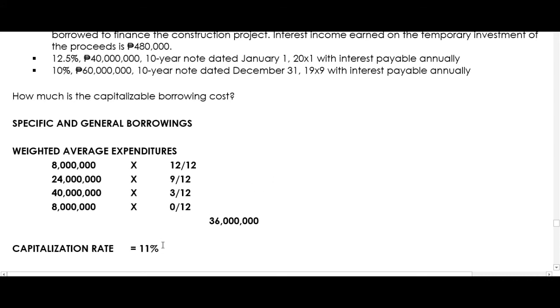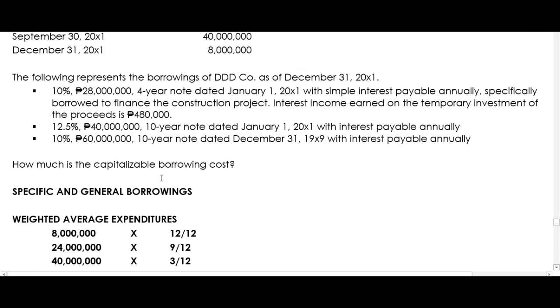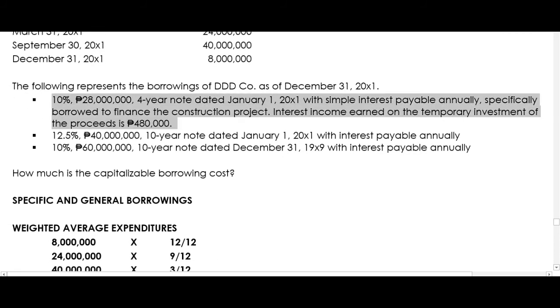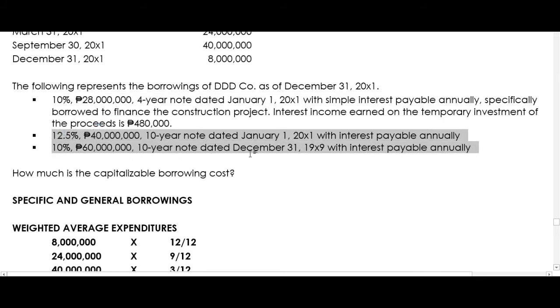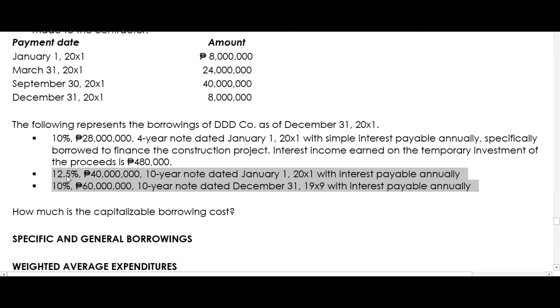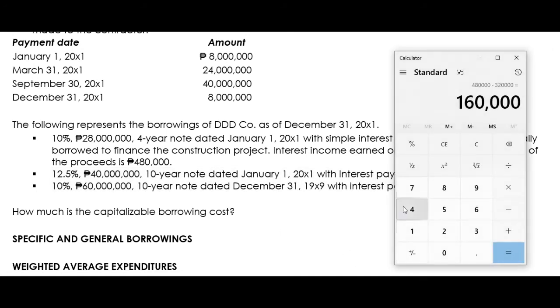Next, capitalization rate tayo kasi hindi mo nakukunin yung capitalization rate nito kasi ito ay specific na. So, ito na lang yung hahanapan mo ng capitalization rate. So, sabi doon, 12.5% ng 40 million. So, compute na lang natin. So, that's 40 million times 0.125.